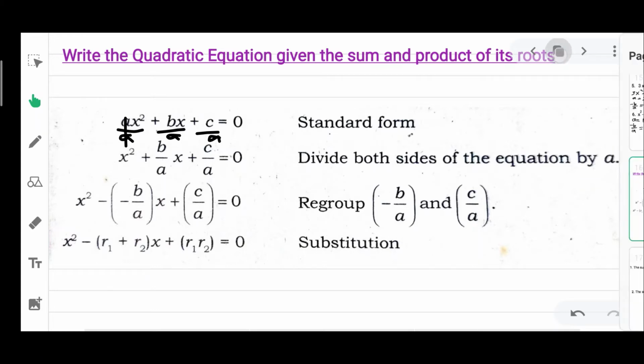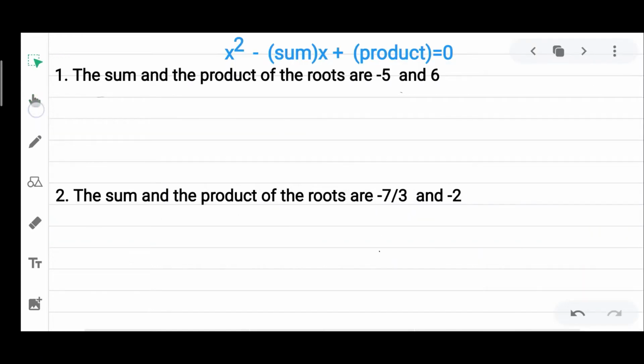For our first example, kailangan natin kunin ang quadratic equation given the sum and product of the roots, which is negative 5 and 6. So, paano natin gagawin yon? We will use this format na nakalagay sa taas.